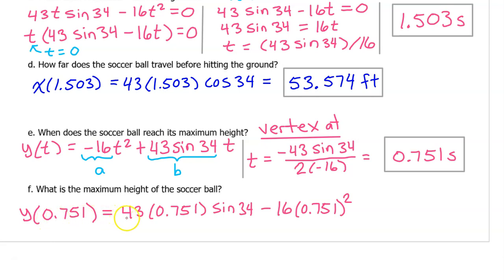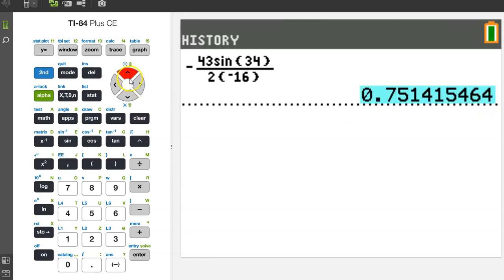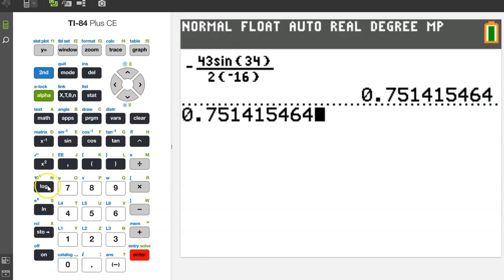So we just need to type this into our calculator. However, to avoid a rounding error, I'm not going to use the rounded number 0.751. Instead, I want to store this entire number into a letter on the calculator. So go up, hit enter, and hit store, and you can use any letter.